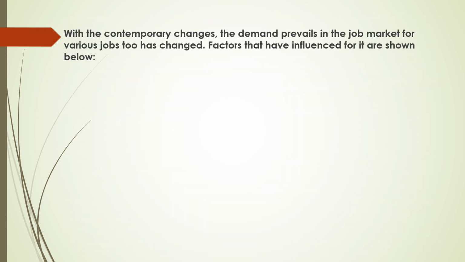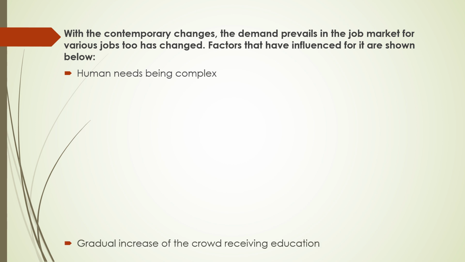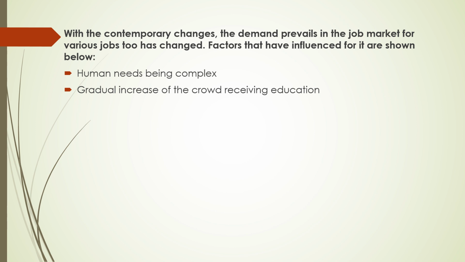So with the contemporary changes, the demand prevailing in the job market for various jobs has changed. Factors that have influenced it are shown below. So the first one, human needs being complex, not simple, right? Gradual increase of the crowd receiving education, right?